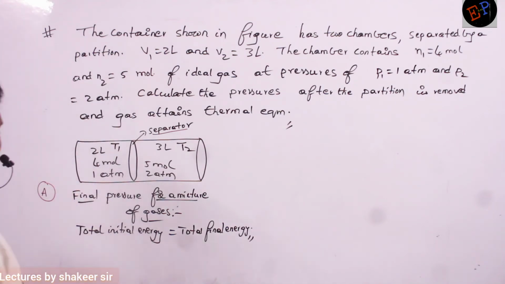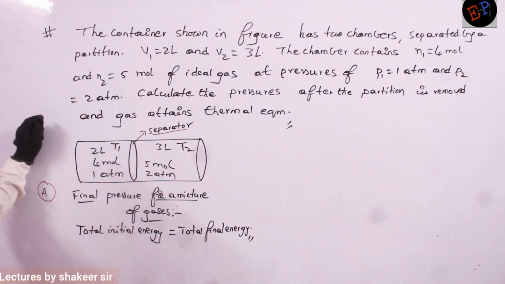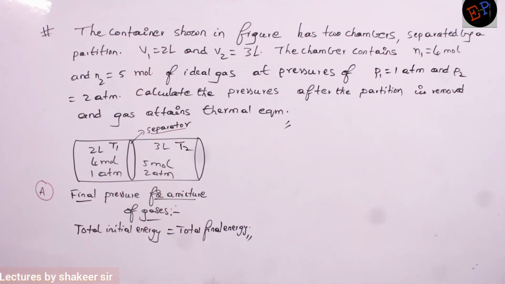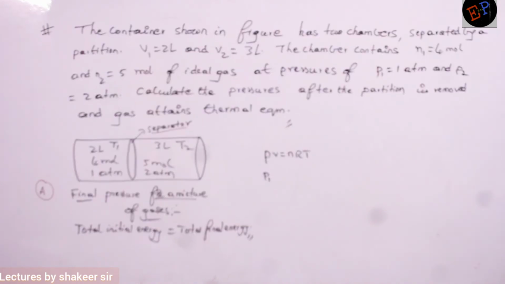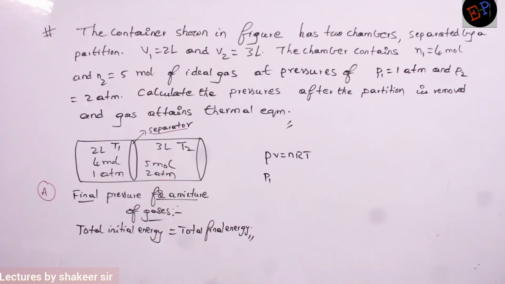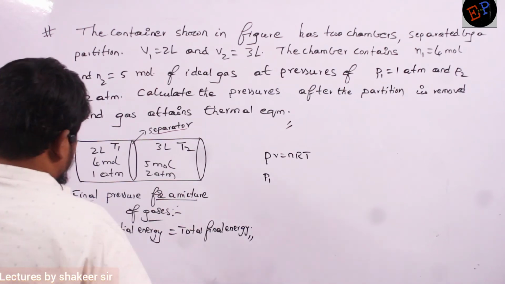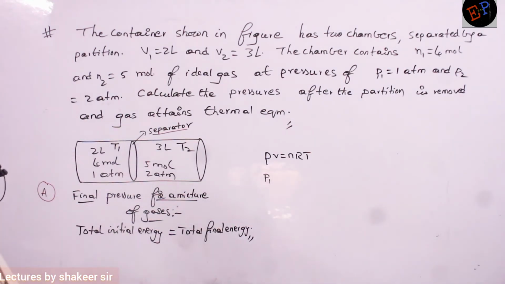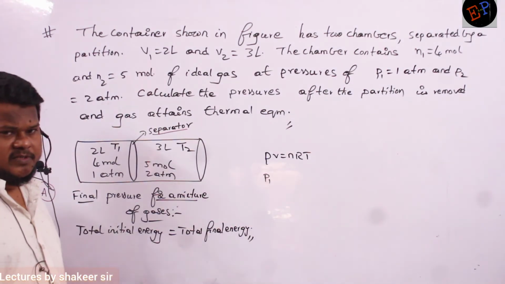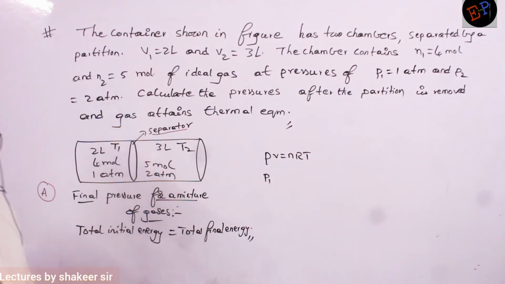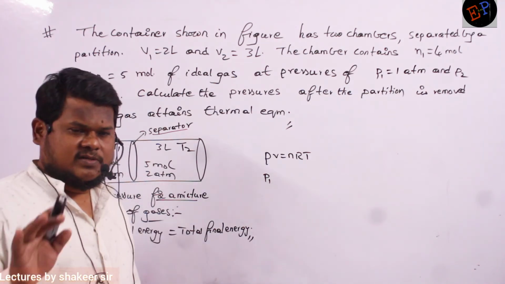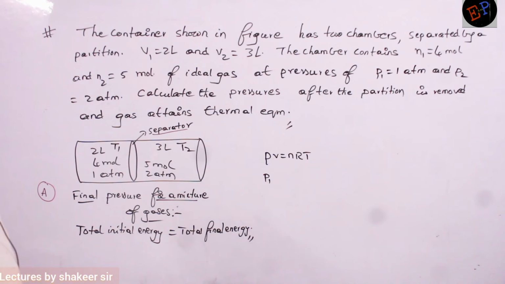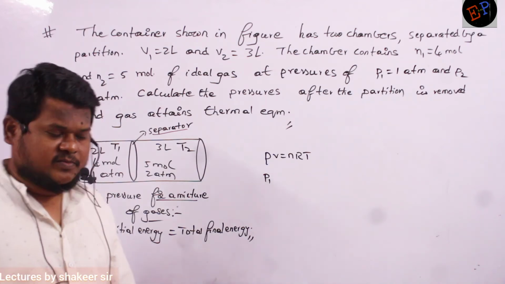Are you able to understand? So we have to solve this problem by using the law of conservation of energy. Total initial energy must be equal to total final energy because we don't have any idea about initial temperatures and final temperatures. Are you able to understand?